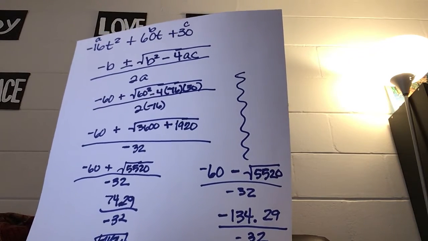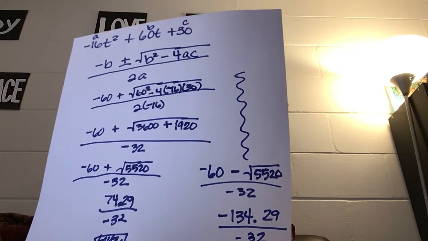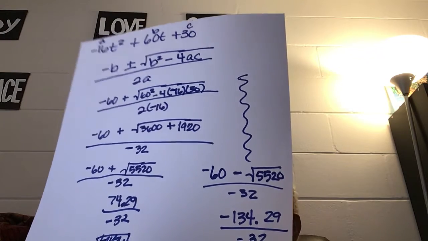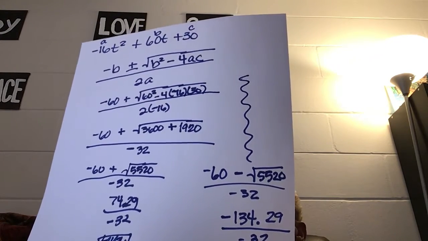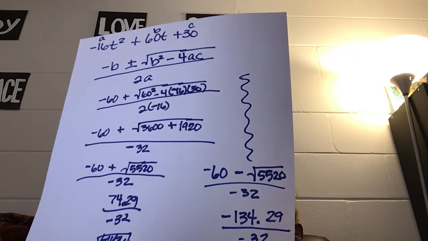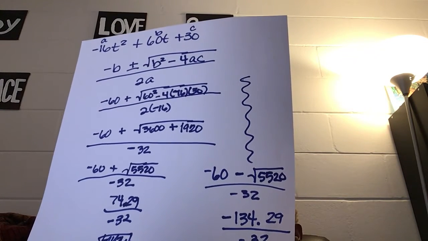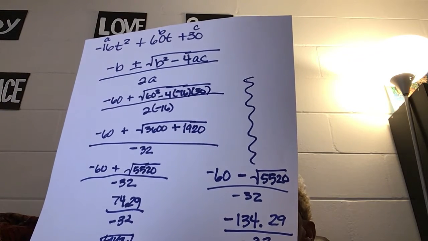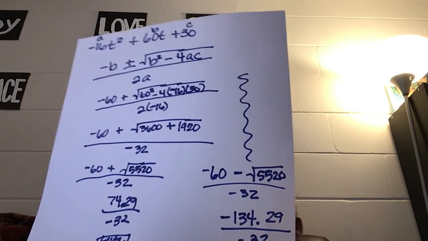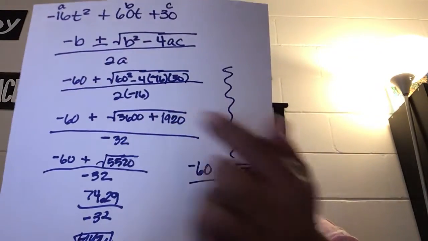Negative 60 plus the square root of 3,600, because 60 times 60 is 3,600. Okay, negative 4 times a negative 16 is a positive, so that's where you get that positive right there.